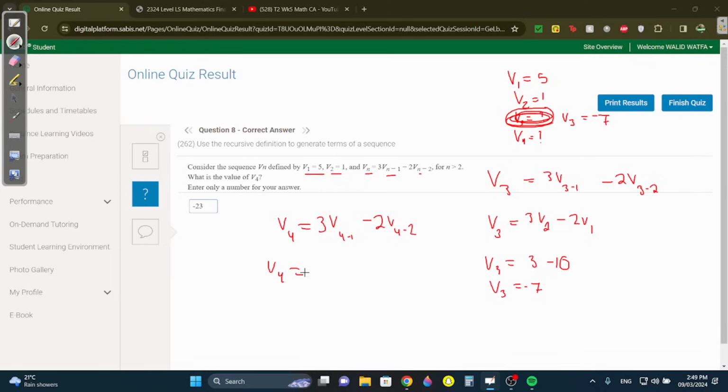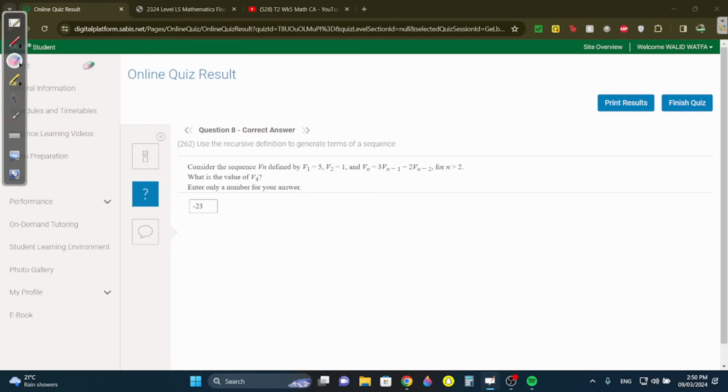So V4 is equal to 3V3 minus 2V2. 3 times V3 is minus 21, because 3 times minus 7. And then minus 2V2 is minus 2, because minus 2 times 1 is minus 2. So V4 is equal to minus 21 minus 2, which is minus 23. Easy peasy.